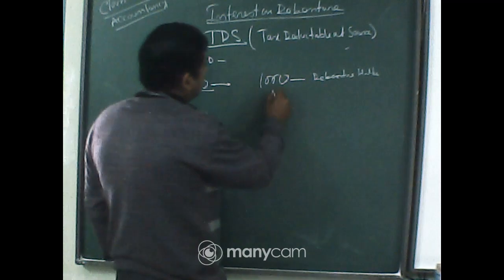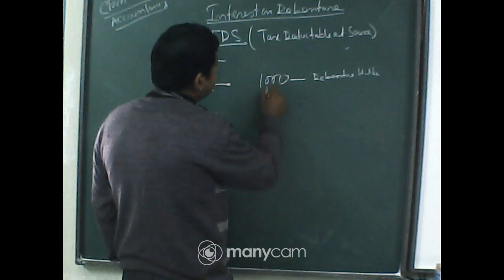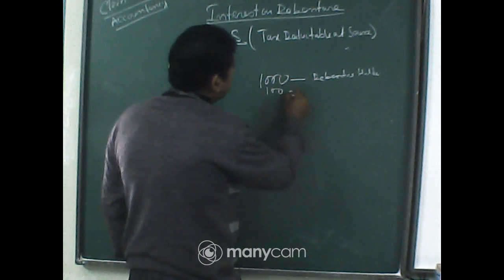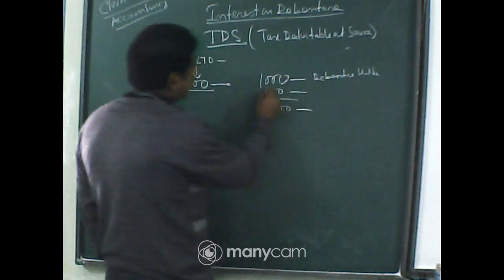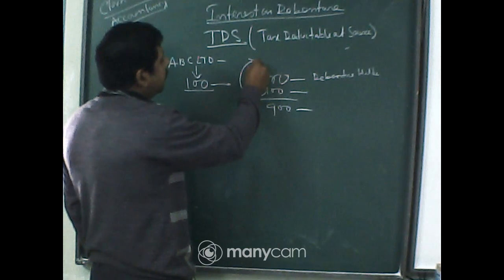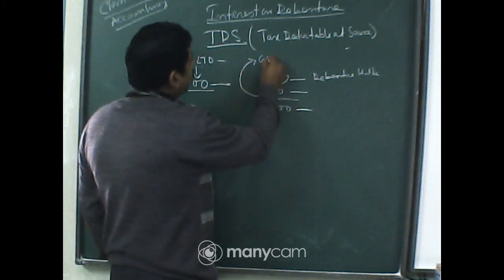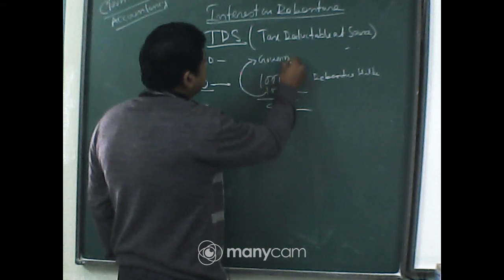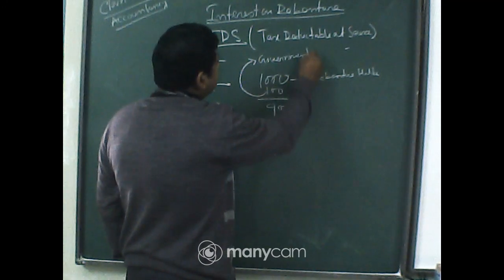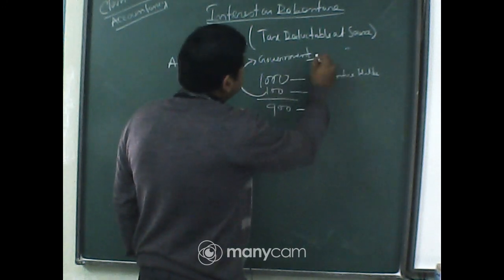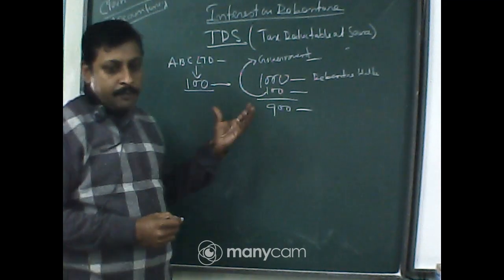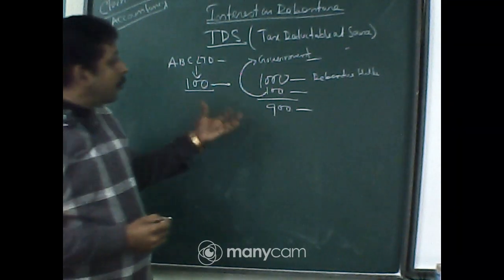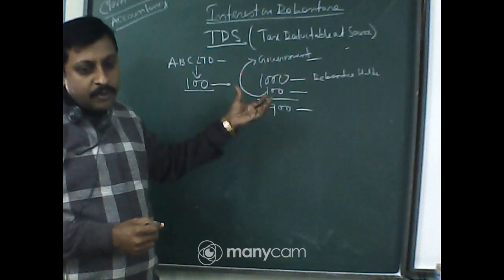The company will deduct 10%, that is 100 rupees, and the debenture holder will get 900. So the company will pay these 100 rupees to the government, and this tax is deducted from the source of income.